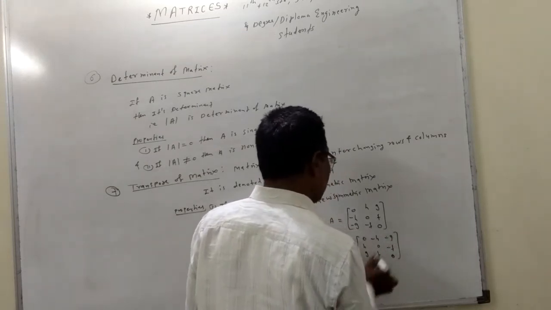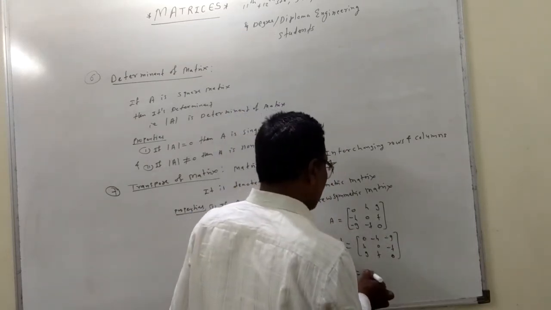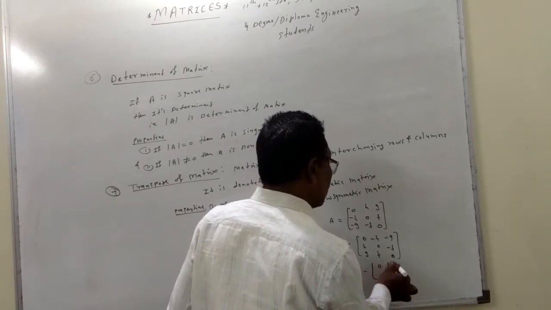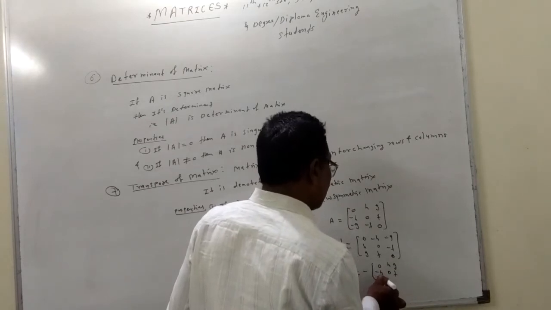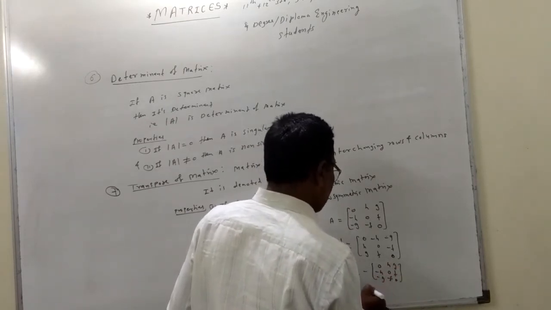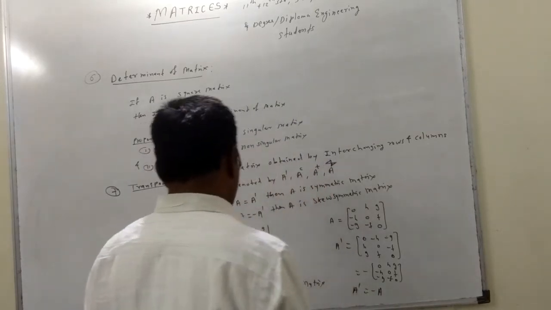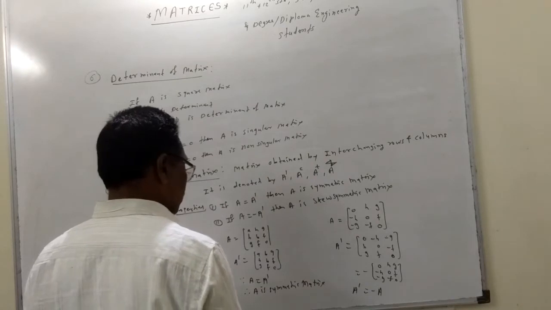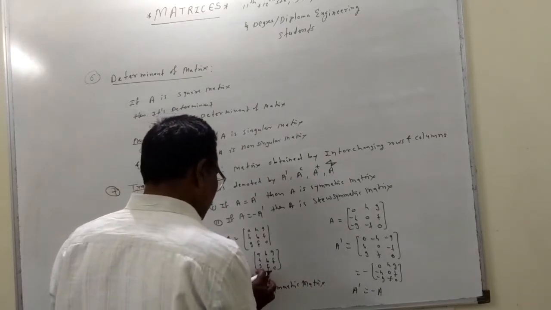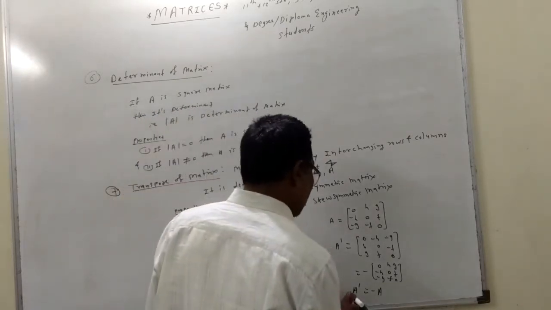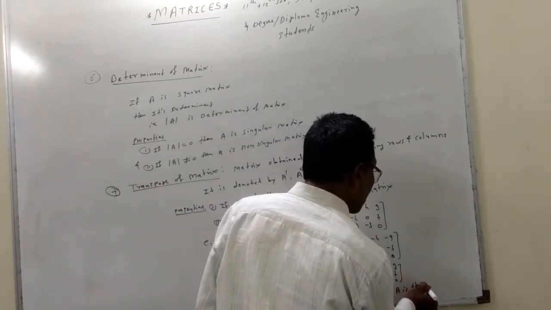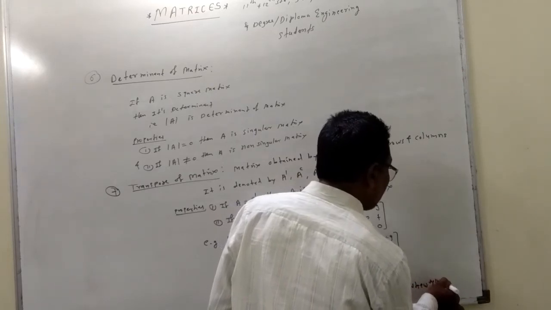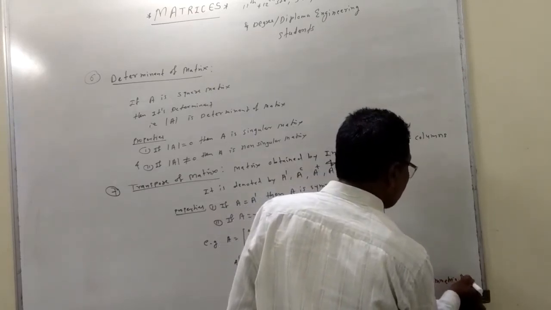Now if you take the minus sign outside from all the elements, we get minus of [0 H G; minus H 0 F; minus G minus F 0]. So this is minus A. So A dash is equal to minus A. Therefore A is a skew symmetric matrix.